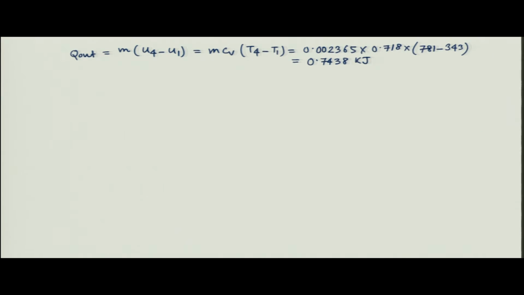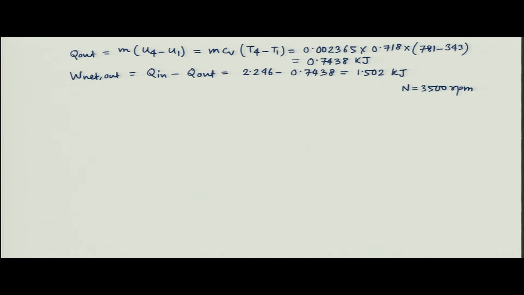Now, we can find what is the net work done. Net work is basically Q in minus Q out, which is 2.246 minus 0.7438, and that gives us 1.502 kilojoule. Now, this is the net work done in a cycle. The RPM of the engine is given, it is 3500 RPM. So, we have to calculate the network output in kilowatt.